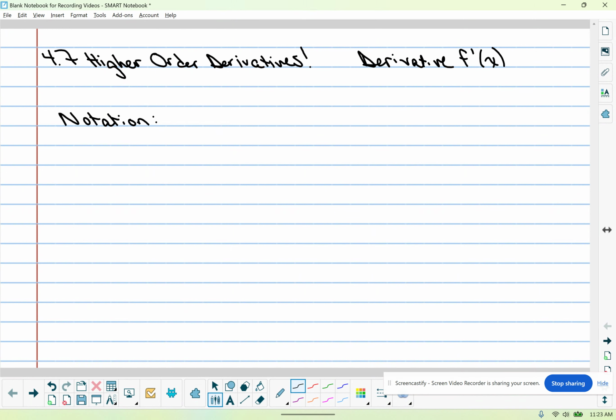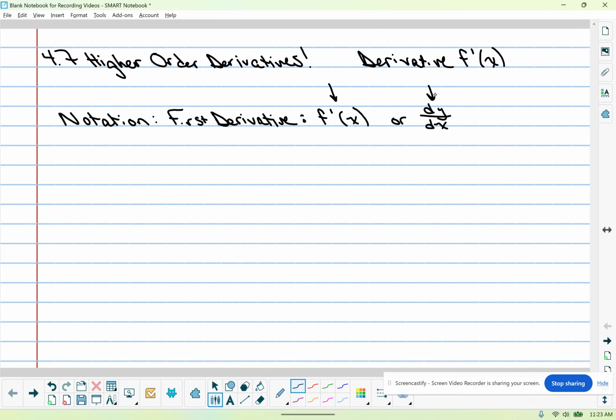So the first derivative, which is the one that we've been doing, is known as f prime of x, but it's also known as dy over dx. And I haven't used that notation. This one is the much more common one.